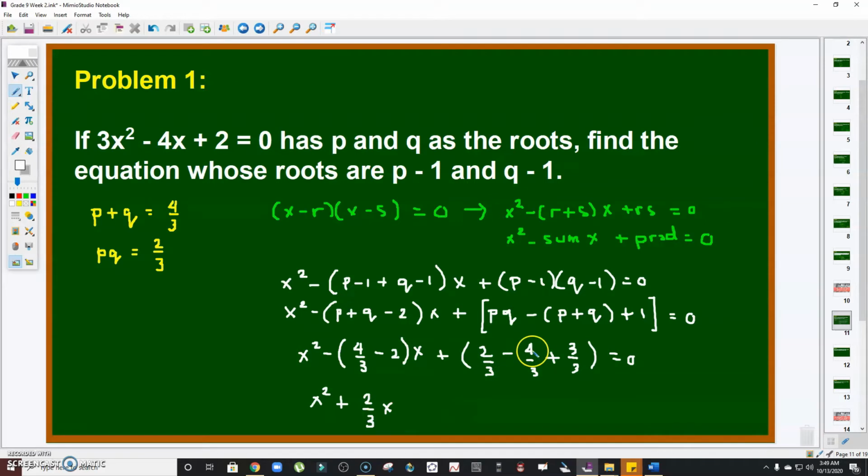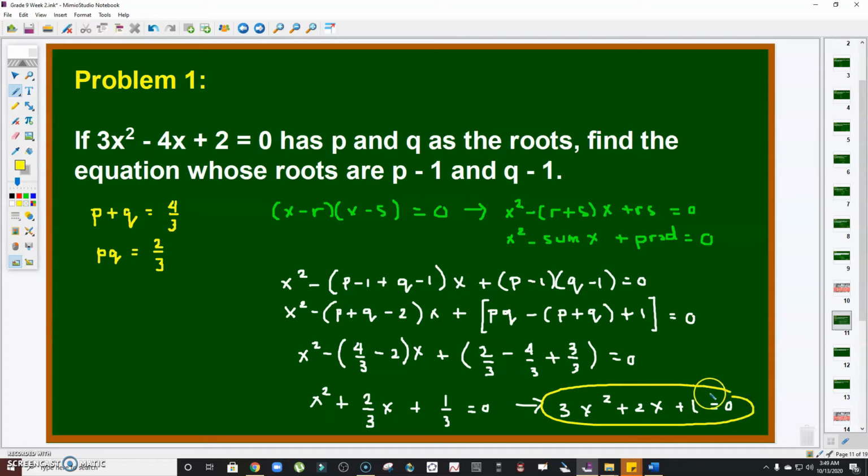Then 2 minus 4 is negative 2, plus 3, so that's 1/3, equals 0. Therefore, for the final answer, multiply both sides by 3. That is 3x squared plus 2x plus 1 equals 0. There you go. Once again, this is the final answer.